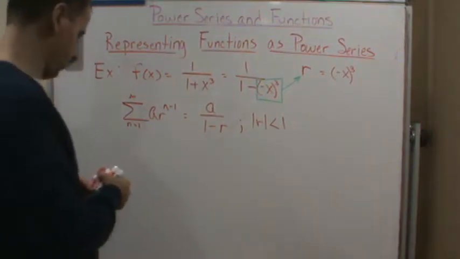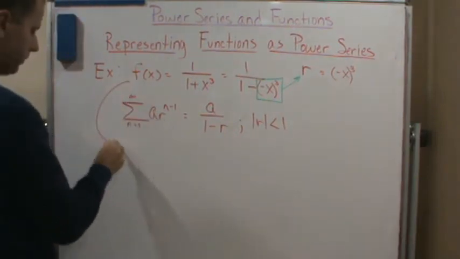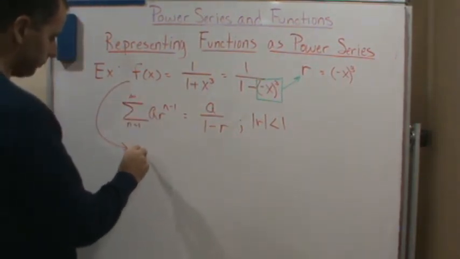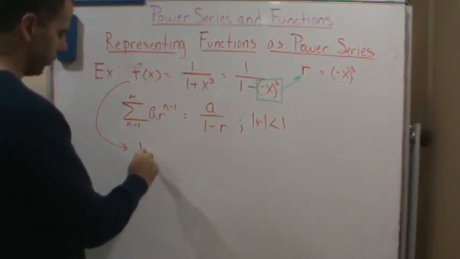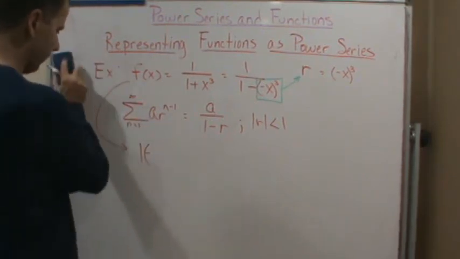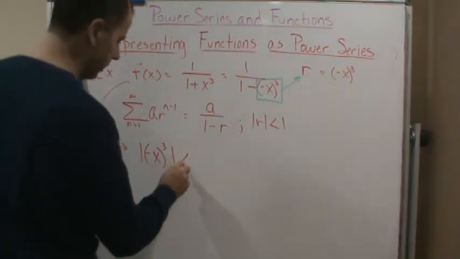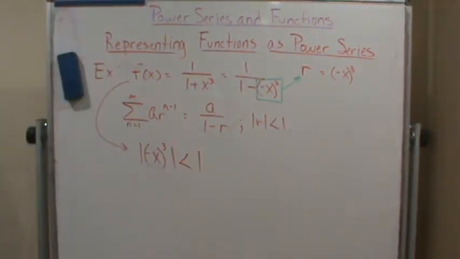So that means that if the absolute value of r is less than 1, then the power series will converge. Okay.